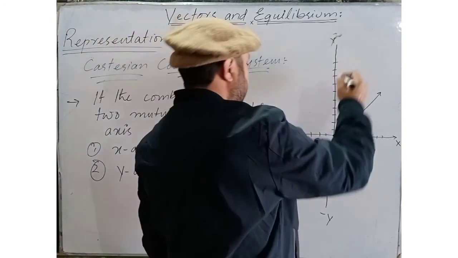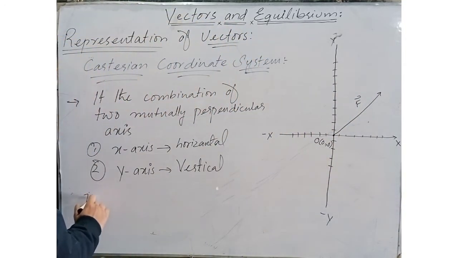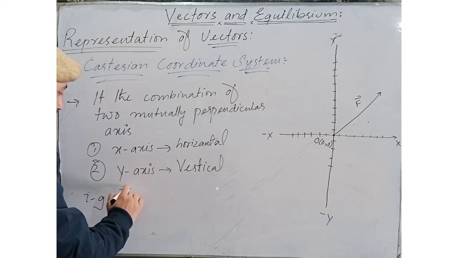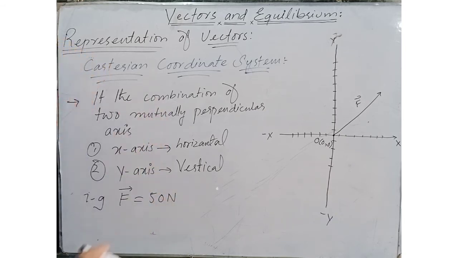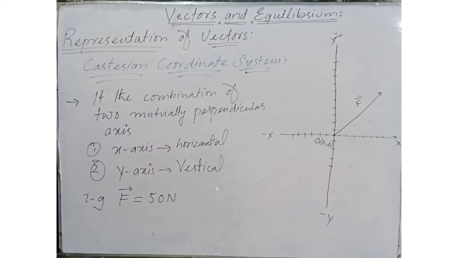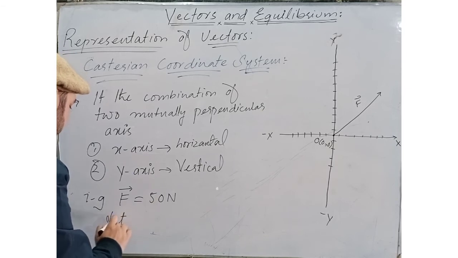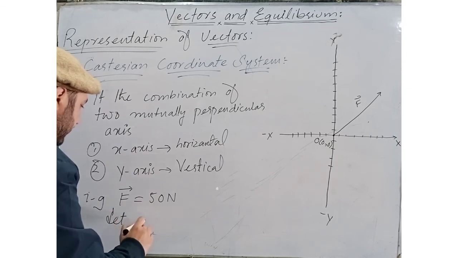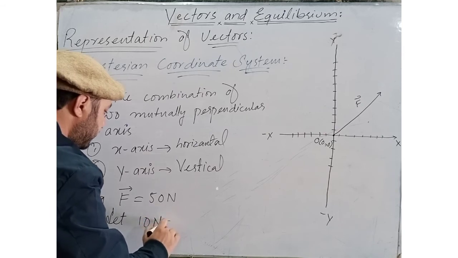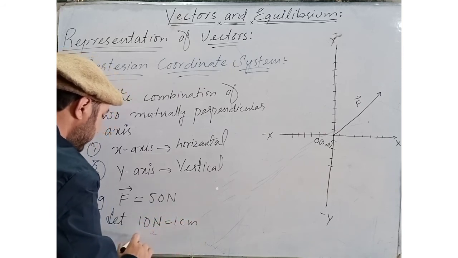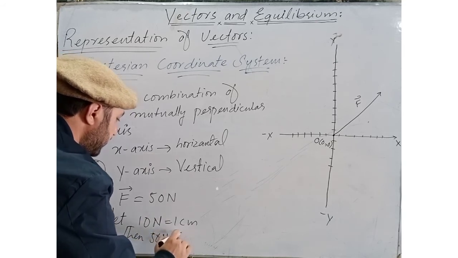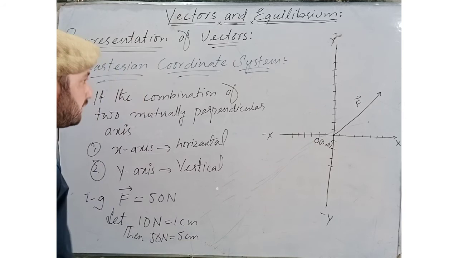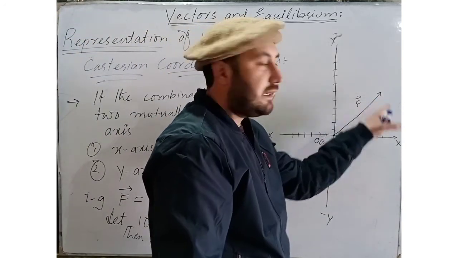If we have a force of, for example, 50 Newton, then we can represent it on a Cartesian coordinate system. But for that we first have to choose a proper scale. So we can take a scale like, let's say, 10 Newton equals 1 centimeter, then 50 Newton becomes 5 centimeter, and then we can draw a 5 centimeter arrow.